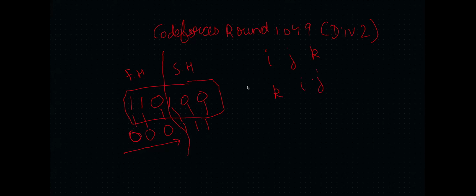This k will come to this place, this i will go to j, the j will go to k. And if we do one left shift, then it will look like j k i. This is left shift, this is right shift.